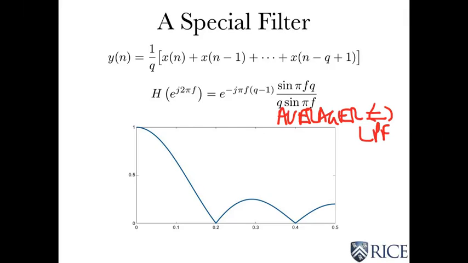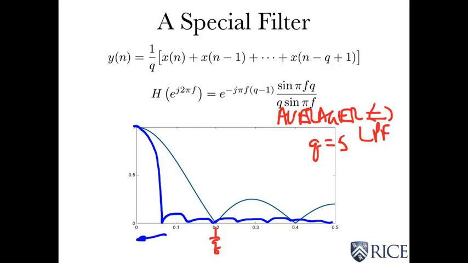The cutoff frequency, if you will, is at 1 over Q. This is a plot for Q equals 5. And so if I come up with a filter with a bigger value of Q, I average more terms. The gain at the origin is still 1, but the cutoff frequency is down here, and the ripples get smaller, actually. So you can have a better low-pass filter by averaging more terms, but also the cutoff frequency moves to lower frequencies.